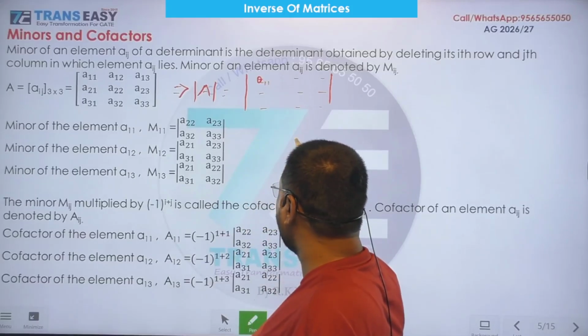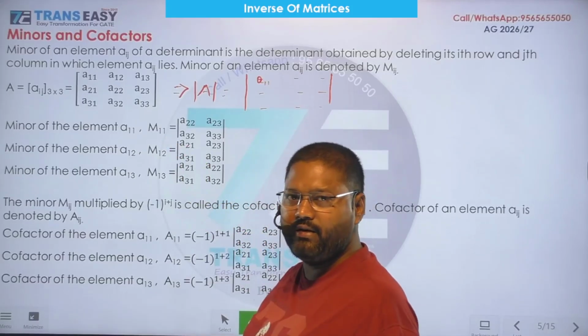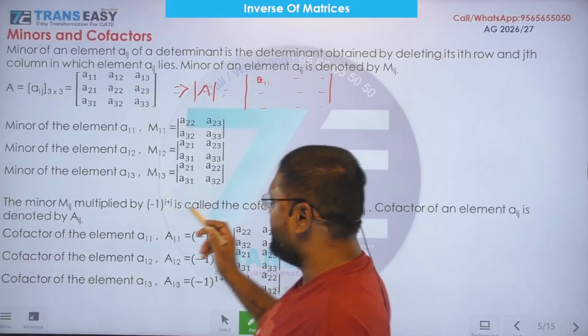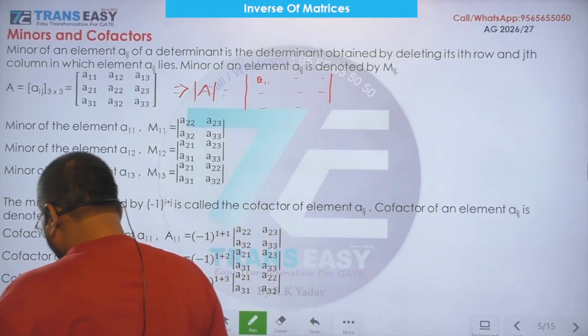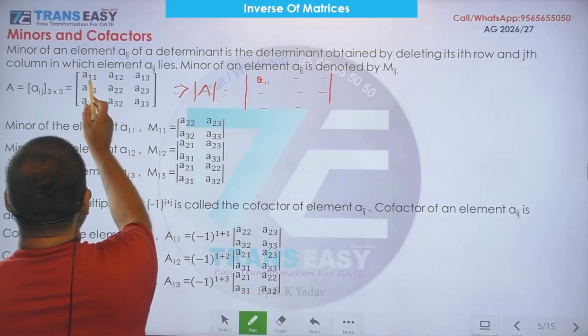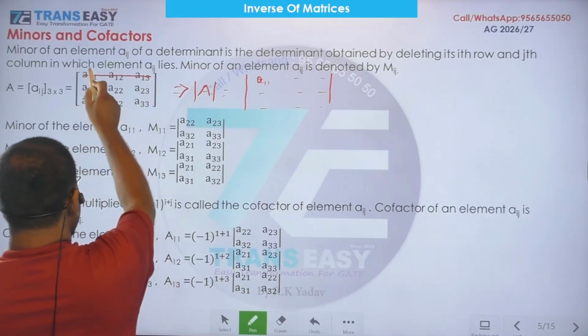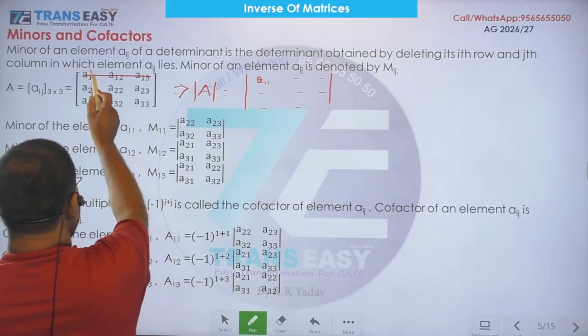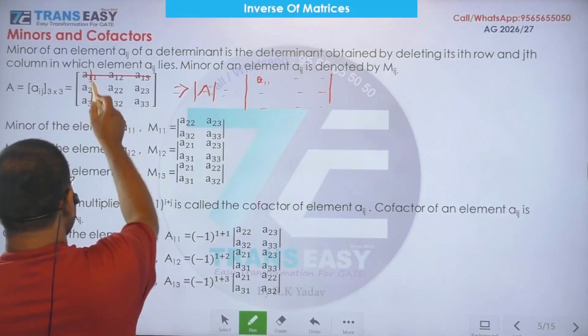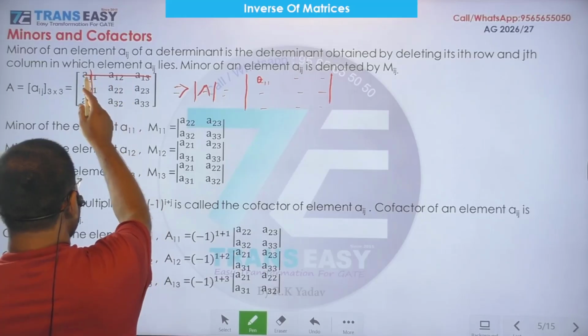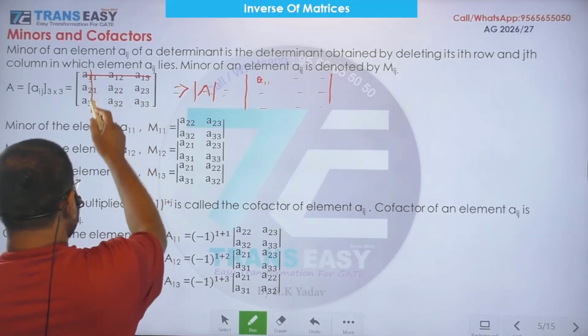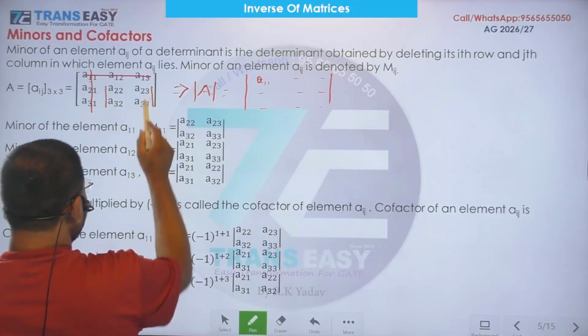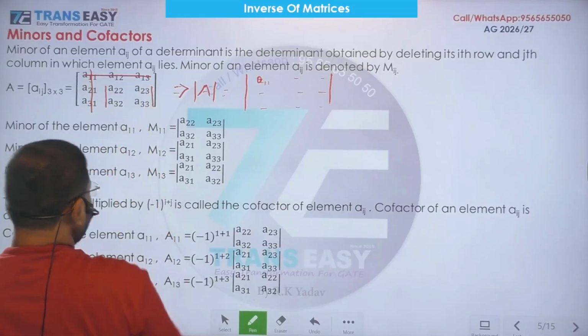It is denoted by the symbol M11, and it is obtained by leaving elements lying on this line and this line. This is the row passing through this element, and this is the column passing through this element. So leaving all elements lying on this line and this line, this is called the minor of this element A11.